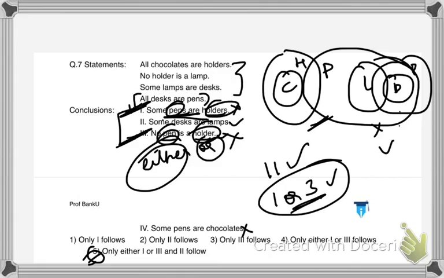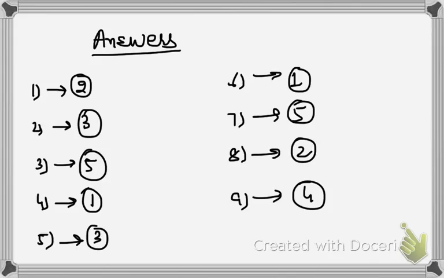So this is how you identify either or questions and answer them. Just keep this in mind. Now these are your answers for your syllogisms questions. In case you want to verify your answers, you can verify them from here.